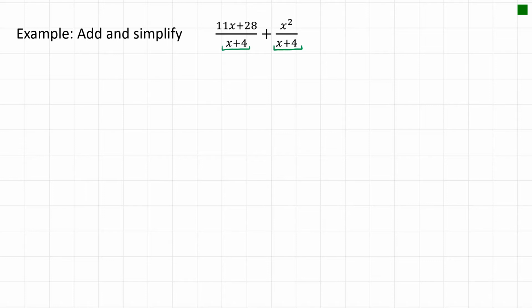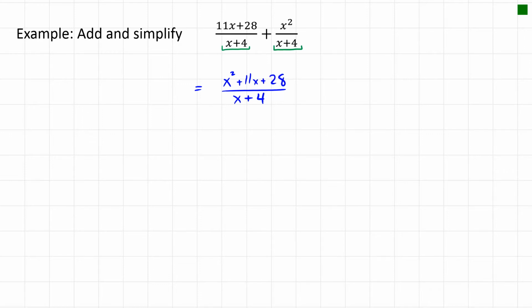So to add two fractions that have the same denominator, you just have to add the numerators, and the denominator is that common denominator. So adding the numerators, I'm going to write it in order from biggest to smallest powers. So x squared plus 11x plus 28.